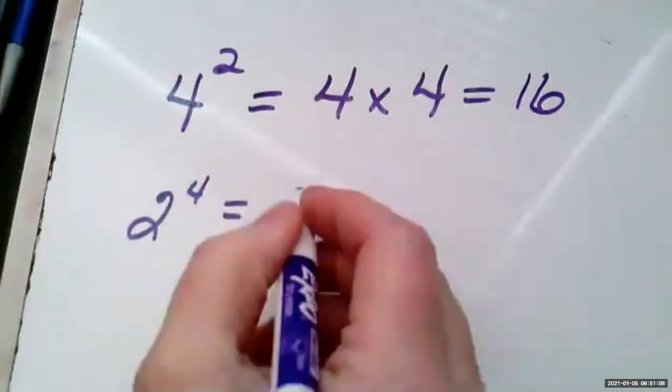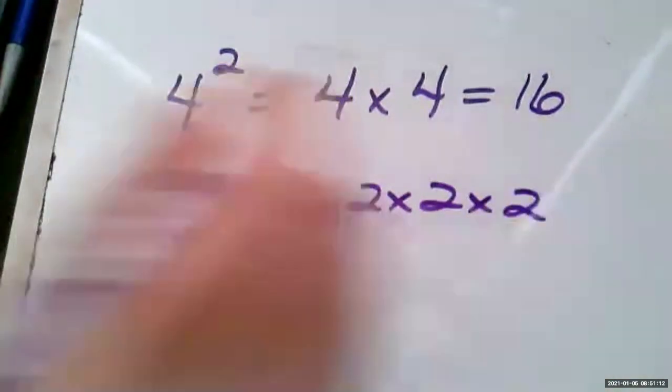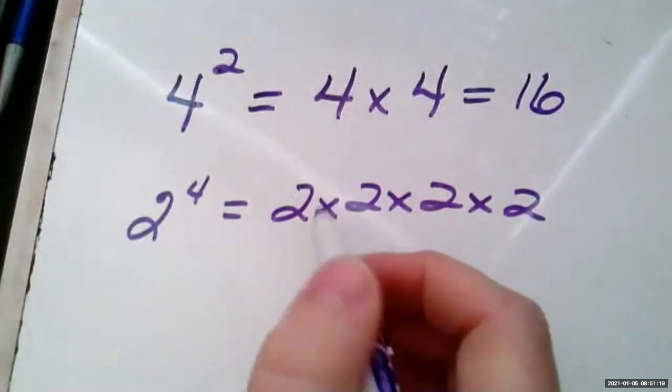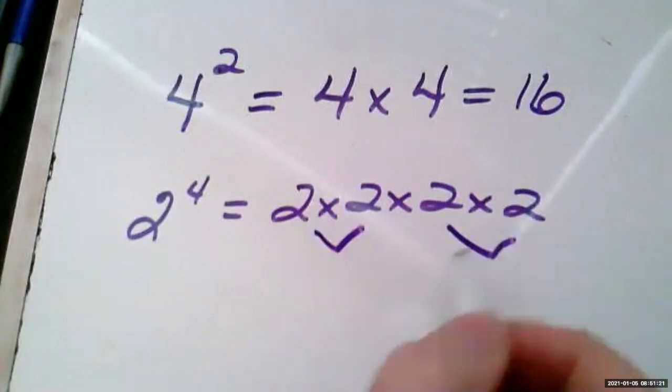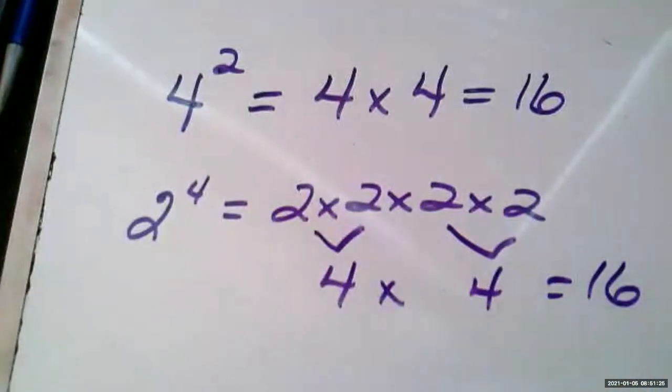Yes, Jesse, thank you very much. 2 times 2 times 2 times 2. All right, very good. That means you're multiplying 2 4 times. And when you actually solve it, this would be the same as the other.